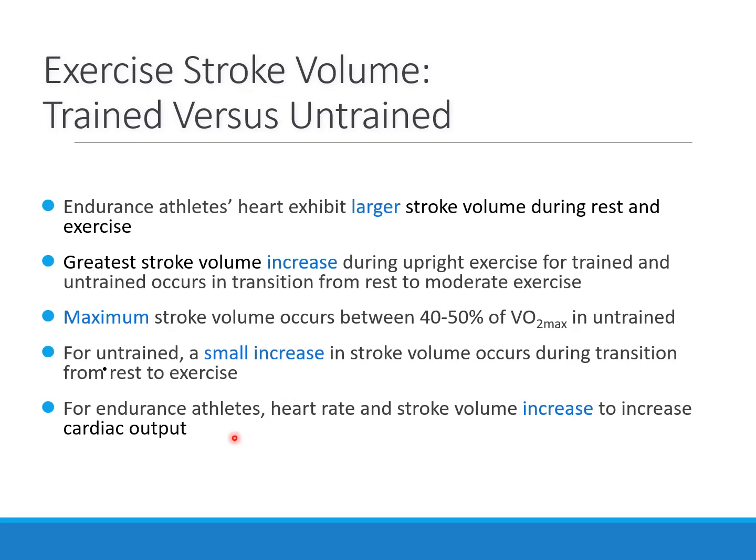And then finally, in trained individuals, the heart rate and the stroke volume increase to increase cardiac output. So you guys remember the formula for cardiac output. Stroke volume is one of those things that goes into that formula. And when that increases in combination with the heart rate, which is the other part of the formula, we get this increase in cardiac output.